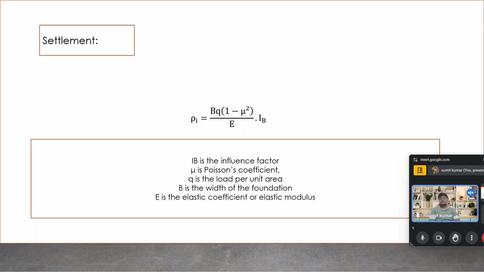In settlement, we know it as q B into 1 minus mu squared by E into I B, where I B is the influence factor, mu is the Poisson ratio, q is the load per unit area, and B is the width of the foundation. With this interrelation, we can find the settlement, which is said to be the elastic settlement.